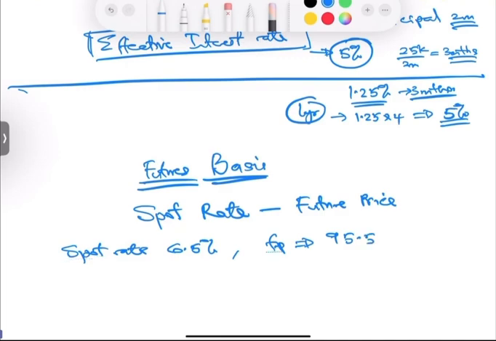What is the basis? 2%. Okay, nice. Yes, 2. It's as simple as that. It's just 6.5 minus 4.5, and that is 2%.